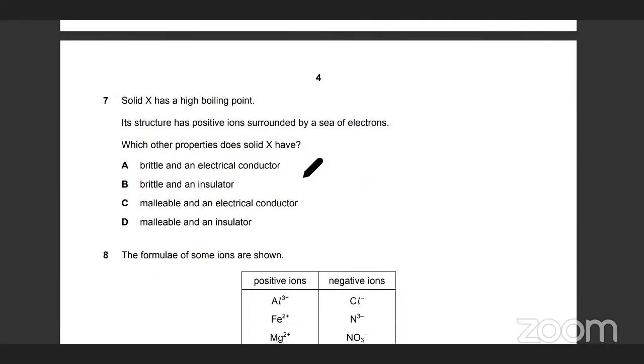Next is the next one, that you've got solid X has a high boiling point. Its structure has positive ions surrounded by a sea of electrons. So what does that mean? What structure is that? Metal. Metallic. Okay, so that's a metal. That's a metallic bond, and obviously it has a high boiling point.